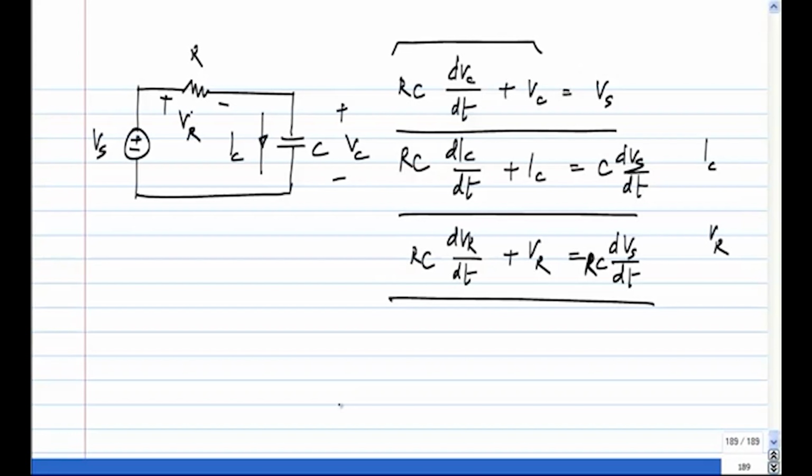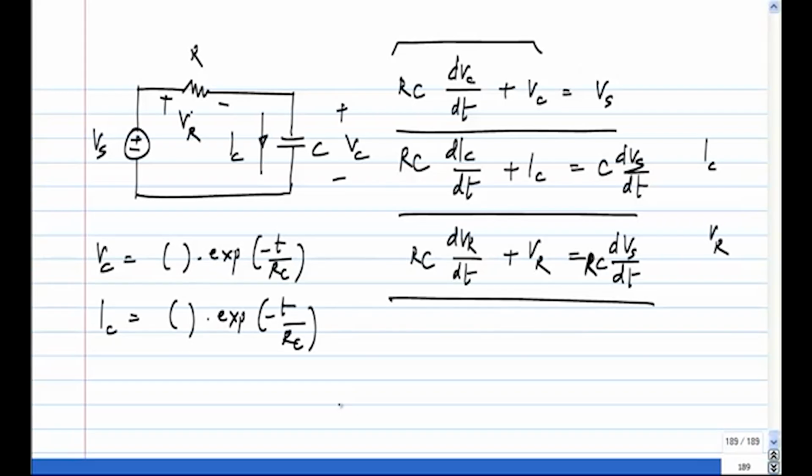So, that means that the homogeneous parts of everything is the same. So, whether Vc will be something times exponential minus T by Rc, that is the homogeneous solution to Vc, and similarly Ic will also be the same way, and Vr will also be the same way.